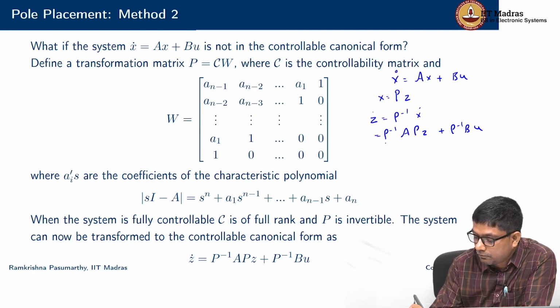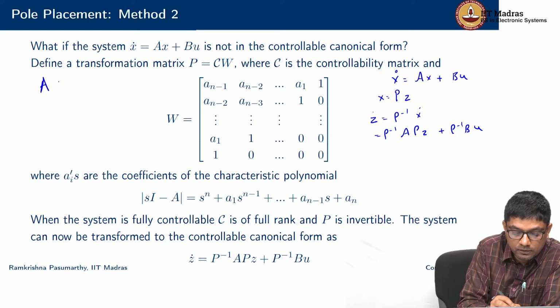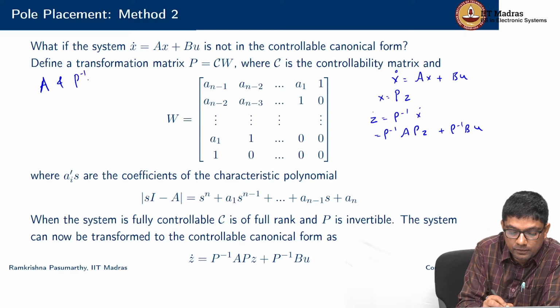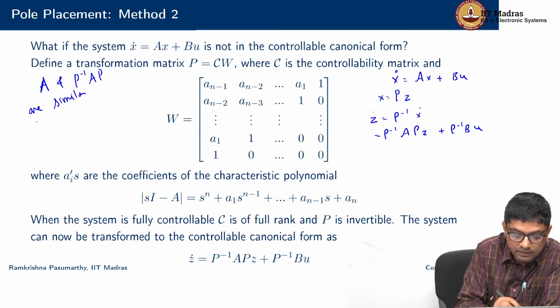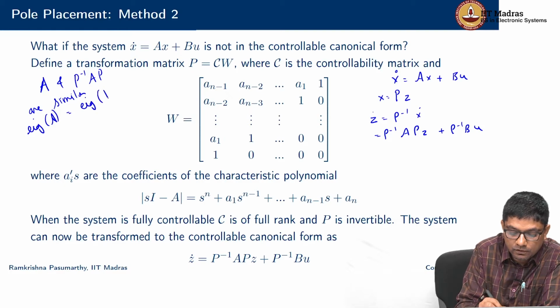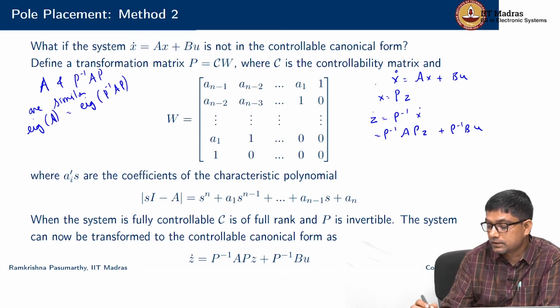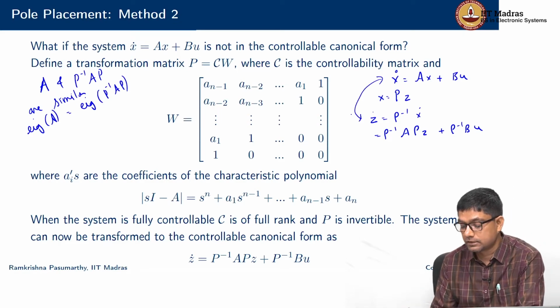Okay. Now, what we know is that A and P inverse AP are similar, that the eigenvalues of A are the same as eigenvalues of P inverse AP. So, this similarity transformation preserves all the properties of the system.